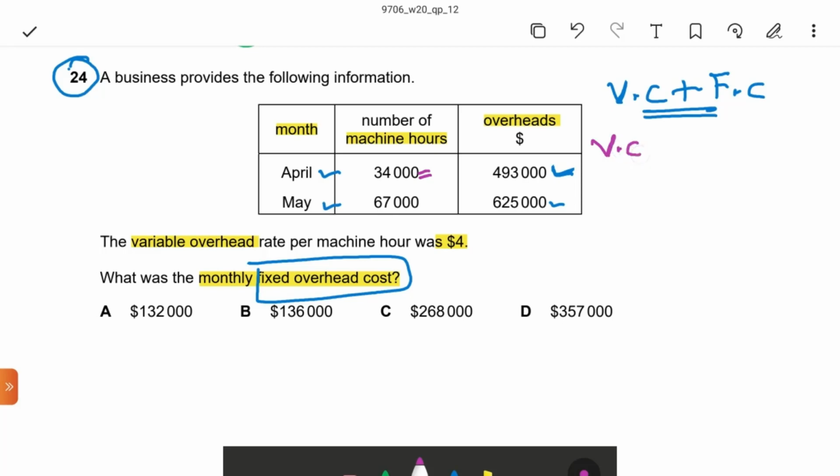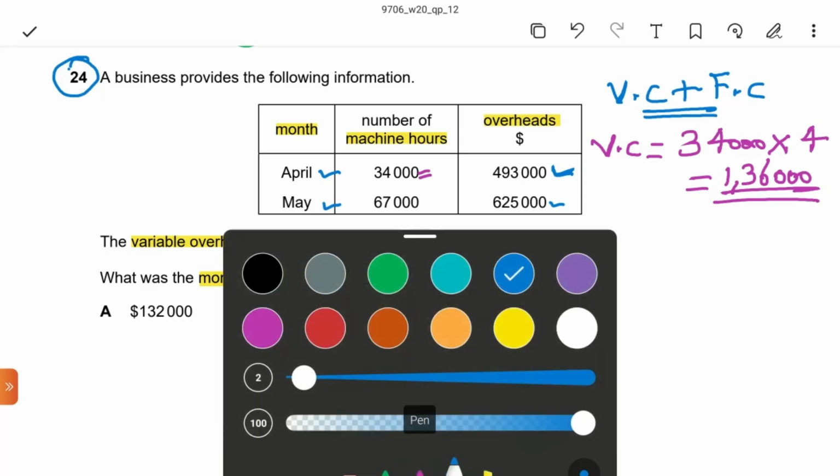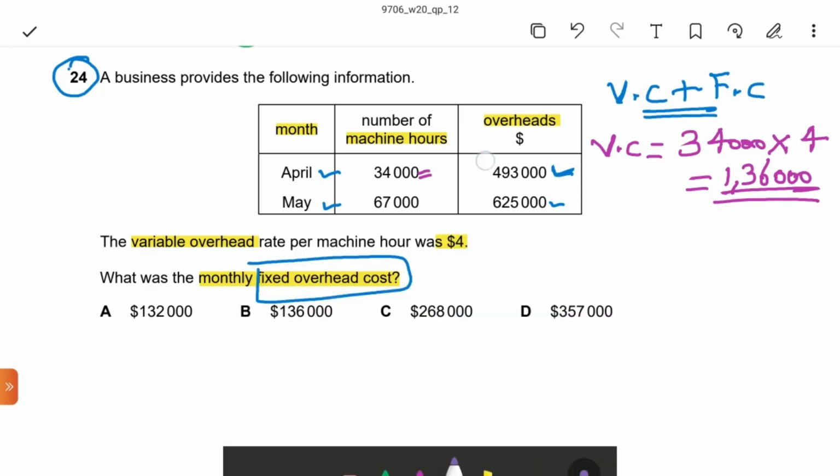Variable cost is equal to 34,000 multiply 4, which is 136,000. But what is the actual cost given here? The actual overhead cost is given as 493,000. So the remaining amount is the fixed cost.